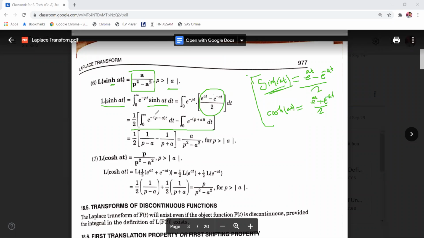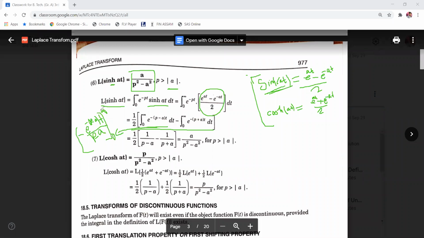If you integrate this one first, you will get minus e to the power minus p minus a into t by p minus a. P and a are constant, so p minus a is constant, from 0 to infinity.